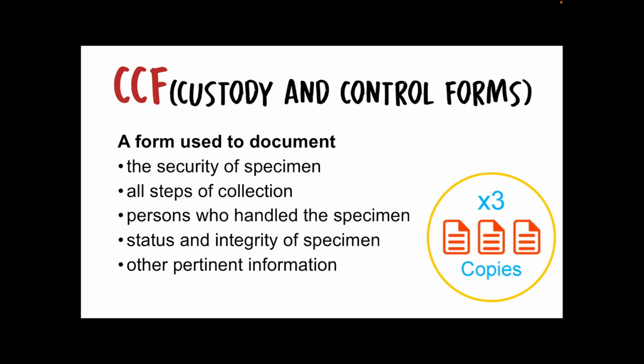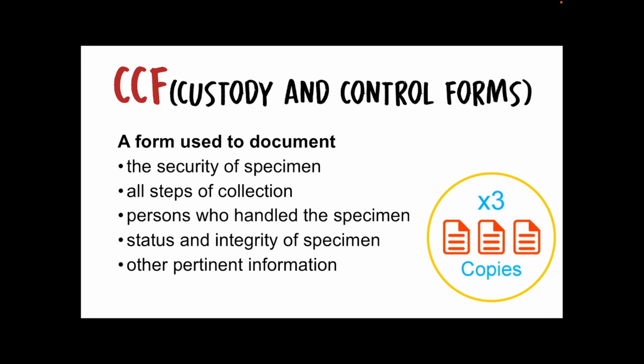And for the chain of custody, we have here the CCF. So this is a custody and control form. This form is used to document the security of specimen, the steps in the collection, the persons who handle the specimen, the status and integrity of the specimen, and other pertinent information. So in short, this form is used to document the chain of custody from the collection to transport, analysis, and releasing of reports.